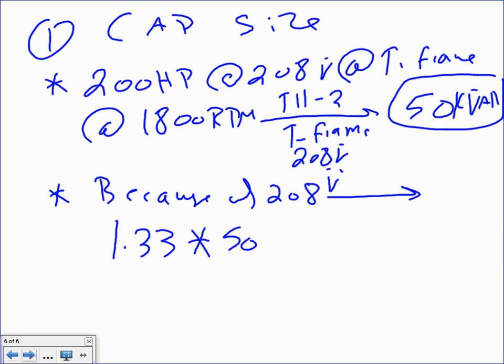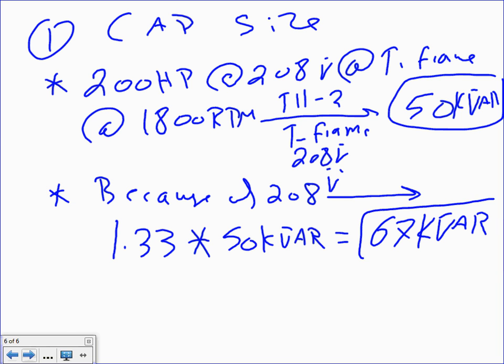I hope you guys are cool. The kVAR. So we're going to up it to compensate for the lower voltage that we're using based on this table. So 1.33 times 50 equals 67 kVAR. We're upping it. We're increasing it by 33%.